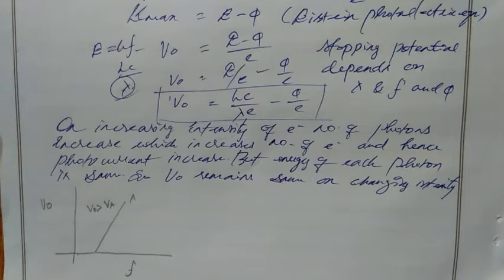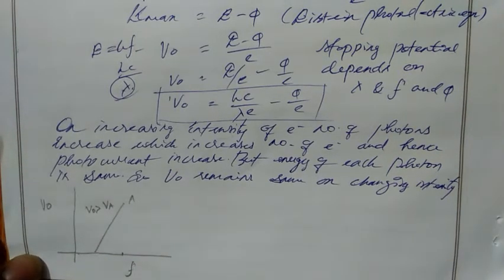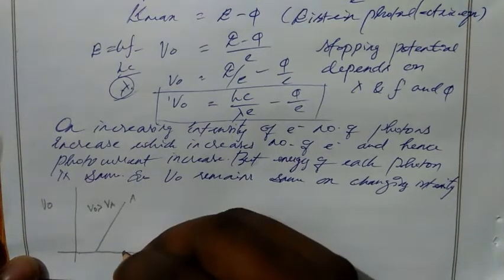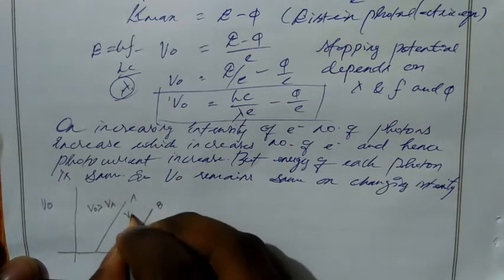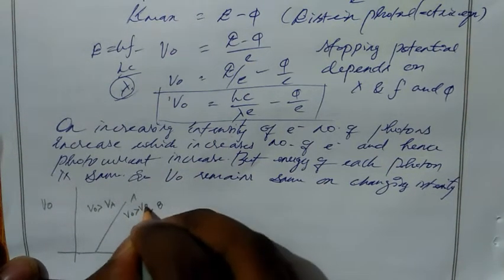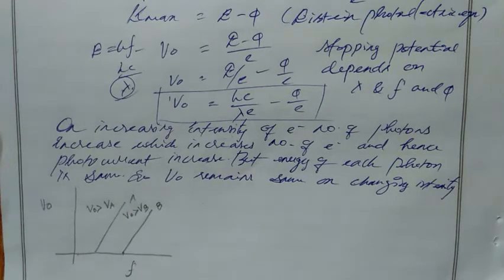Let's take another metal which has a minimum frequency here. Only after that frequency will electrons start to come out. When electrons start to come out, the anode starts to repel, so here we get the stopping potential. For this metal B, the stopping potential should be greater than the potential of B. Then only can the electrons be stopped by the anode.